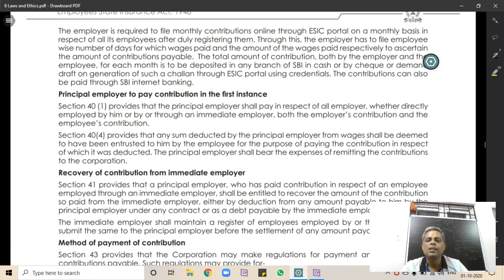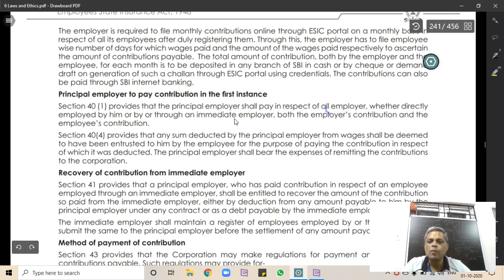So to summarize, the principal employer shall pay in respect of all the employees directly employed by him or through an immediate employer, both the employer's contribution and the employee's contribution. Shall pay in respect of, this should be read as employee.